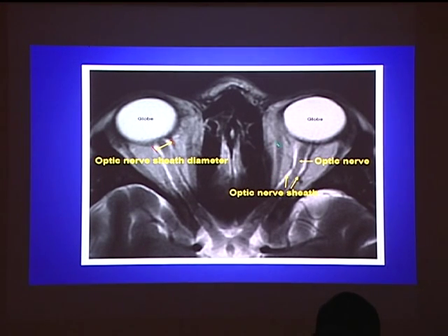And this is an MRI view that is quite interesting because it helps you to build the image in your brain of how the layers are displayed. So you see here the ocular globe, this is the optic nerve, this is the subarachnoid space, and here you see the surrounding area of the periorbital fat.